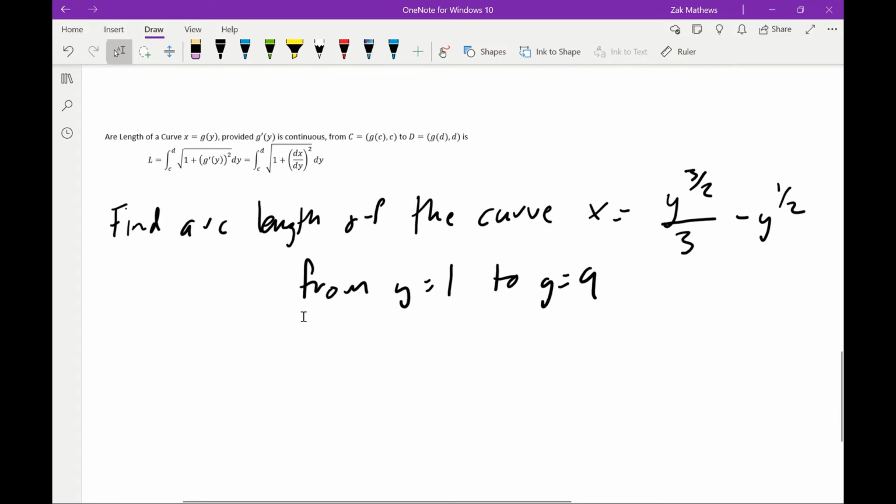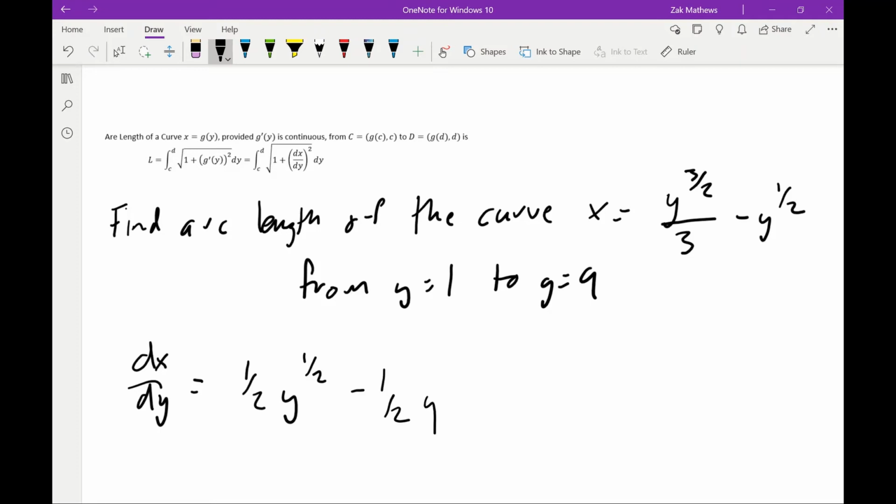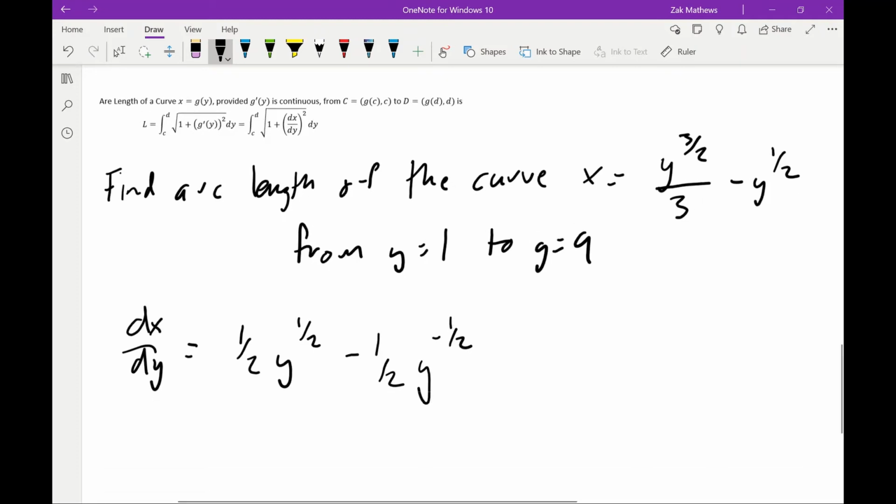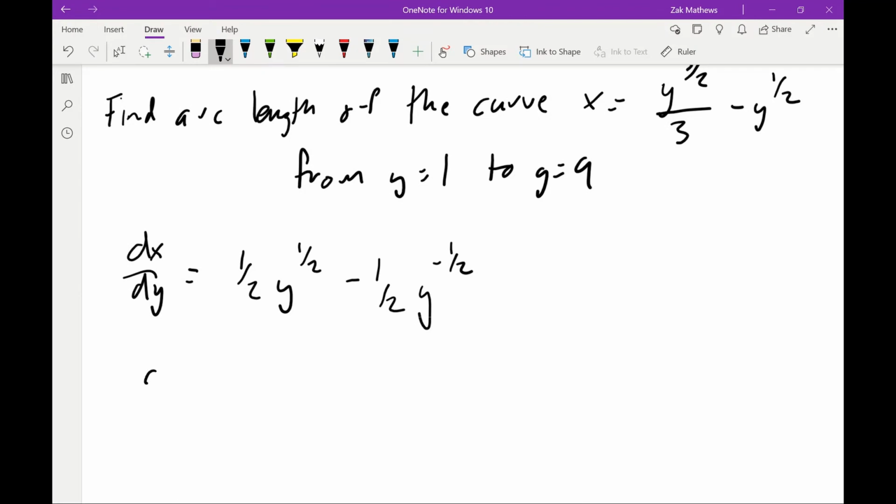So the first thing I need, once again, is that derivative, dx/dy in this case. And so we take the derivative of this thing, we multiply the 3 halves to the front, we get 1/2 y to the 1/2 power minus 1/2 y to the negative 1/2 power. And so then when I square that, might be easier to factor out the 1/2 first. I'm going to show a couple extra steps on this one, just to make sure we're all comfortable.